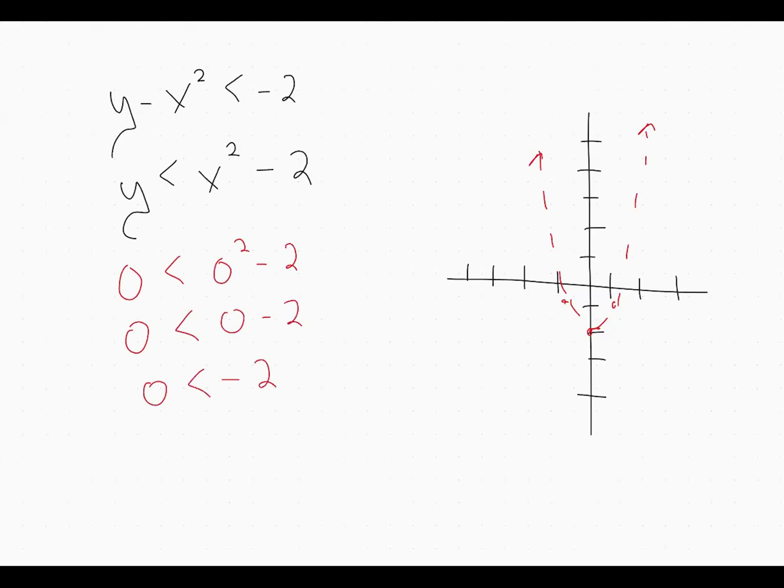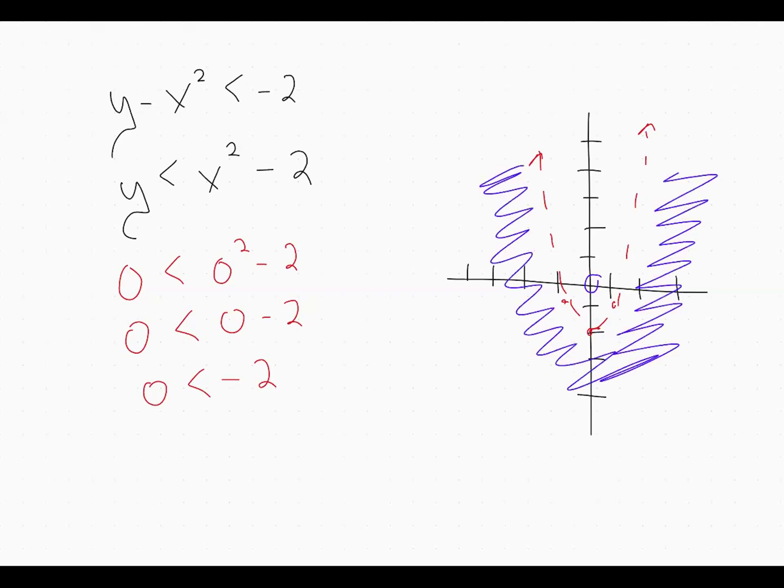Because if it's a true statement, we shade the area that contains our test point. If it is a false statement, we shade the area that doesn't contain it. I do believe 0 is bigger than -2. So that means I cannot shade that point. I can shade this. All right, I shade the side away. So that is a quick method for inequalities.